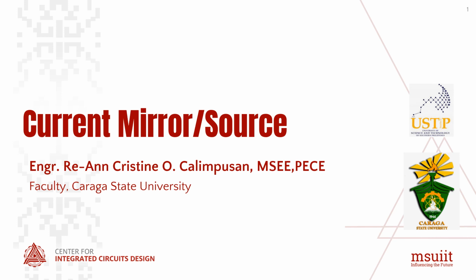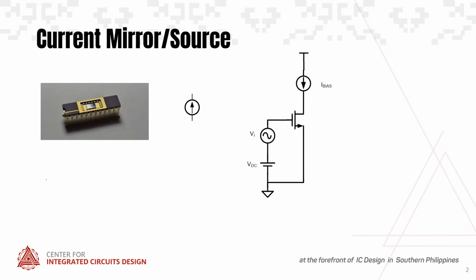Hello, good day everyone. So now we will discuss current mirror or current source. Basically, most of our integrated circuits are designed with a current source that is typically designed using a common source. This current source design using a common source has an advantage because the intrinsic gain, given this bias current here, is ideal.